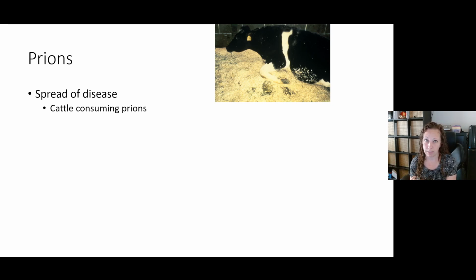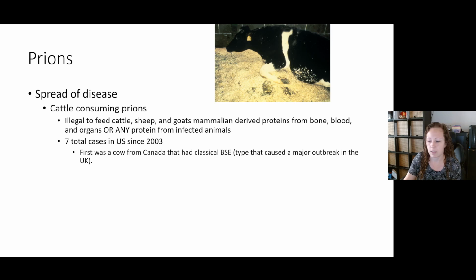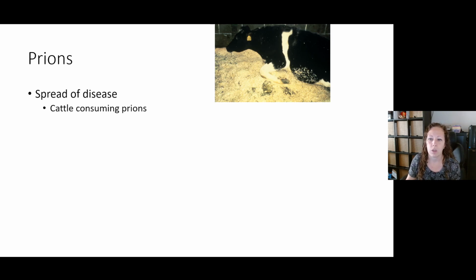Over 180,000 cattle in the UK were found to be infected, and 4.4 million total cattle were slaughtered and disposed of, just burned in the fields in order to try to contain the disease. Like I said, beef from the UK was banned in most of the world. So, huge impact on their economy and the farmers there.